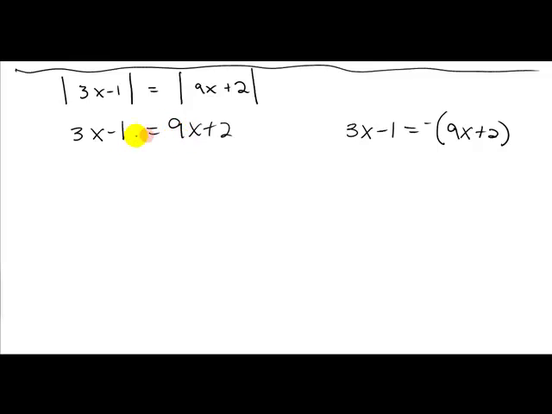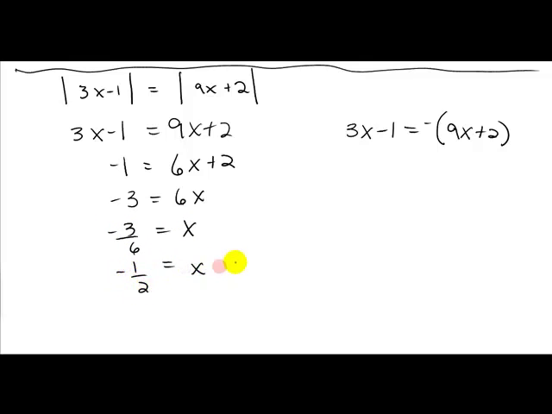I like moving my smaller x, so I'm going to do that, minus the 3x. Then I want to subtract the 2 from both sides. Then I'm going to divide by 6, and it's a fraction, so then I need to simplify.